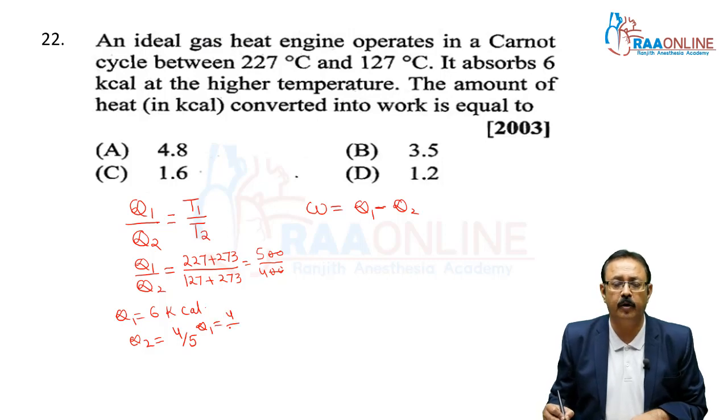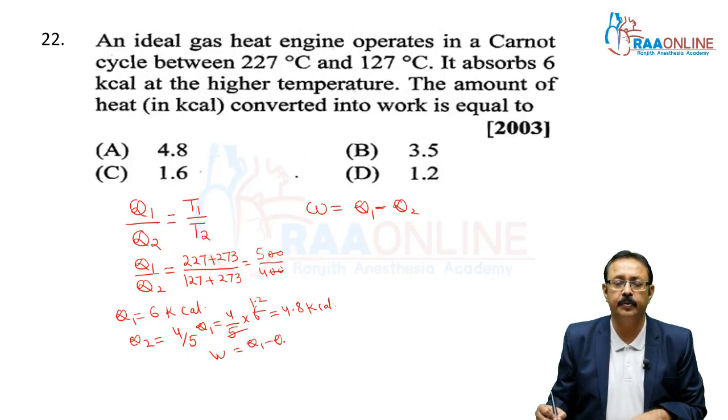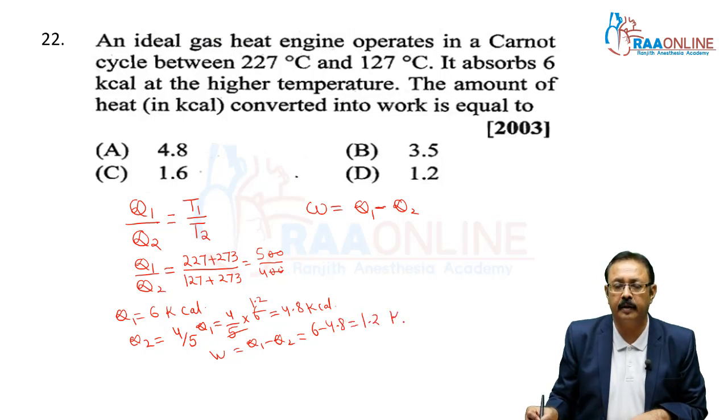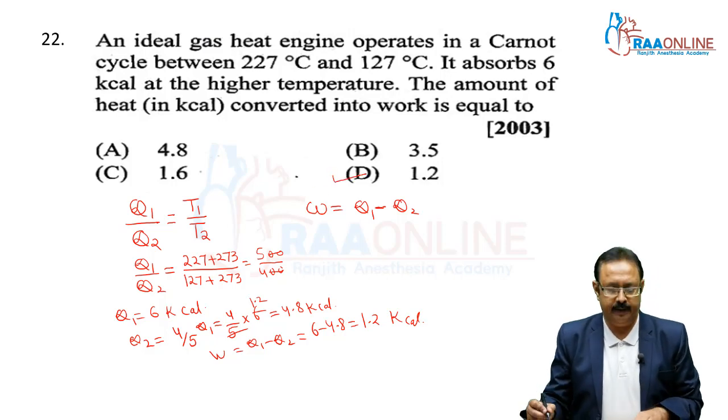It means 4 upon 5 of 6 kilocalorie, which is 4.8. So what work is done? Q1 minus Q2, 6 minus 4.8, which means 1.2 kilocalorie. So we got the answer D.